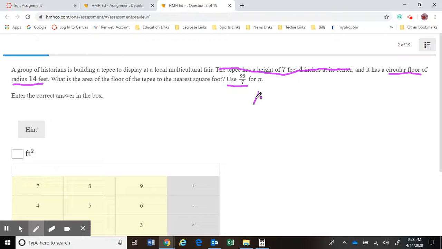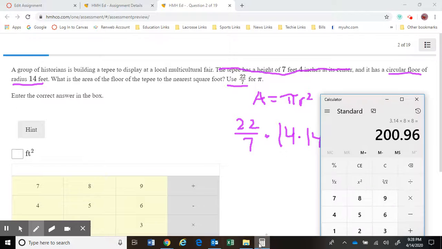So remember, area of a circle is area equals pi r squared. Okay, and again, that's not times 2, that's radius times radius. Okay, so of course pi is 22 over 7, and then I'm multiplying that times 14 times 14. So it doesn't matter what order you do this in.